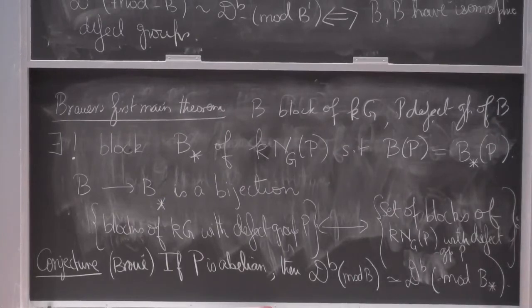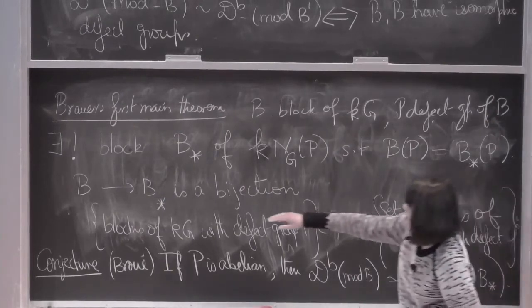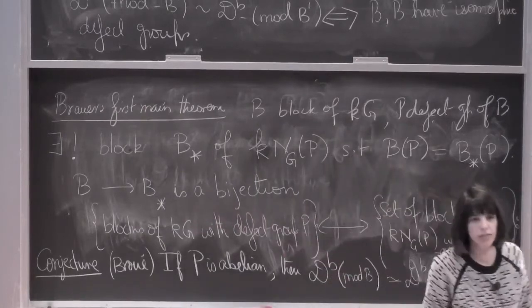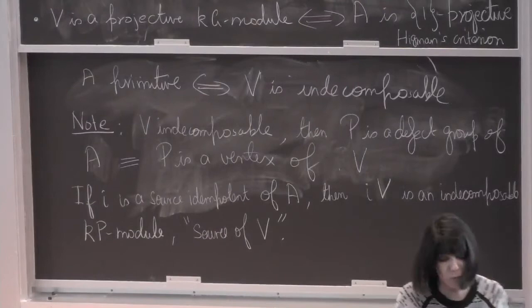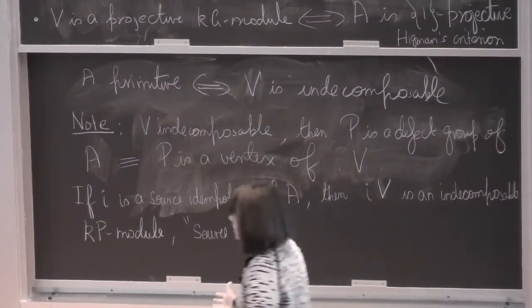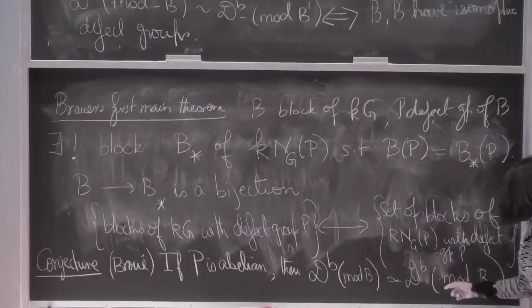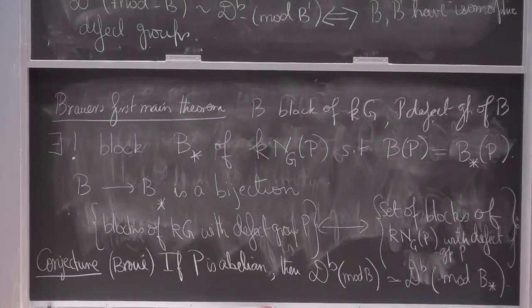So a block B, and this B star is called the Brauer correspondent. If you are in the situation where your defect group happens to be abelian, then the derived categories of these blocks should be equivalent.